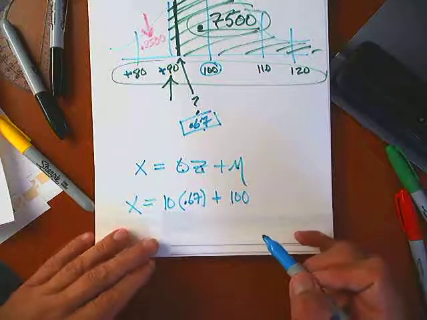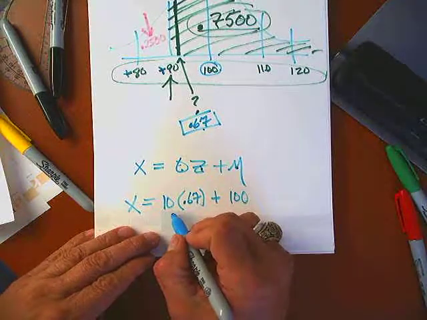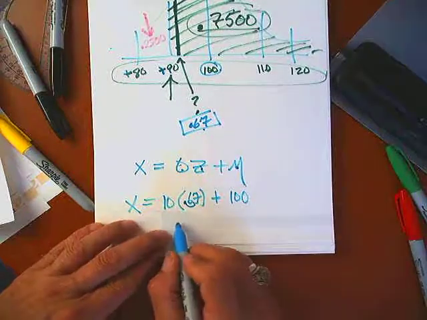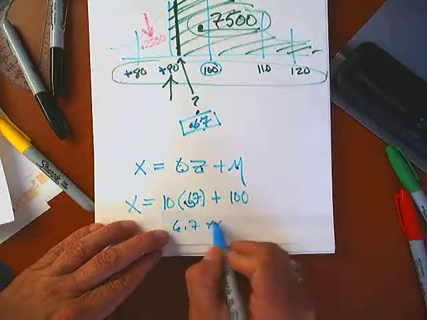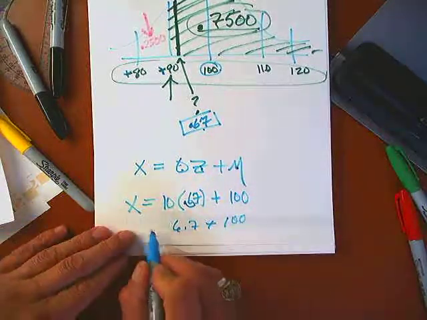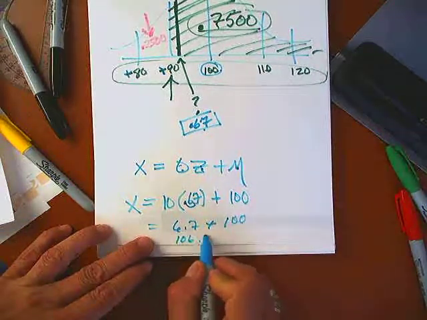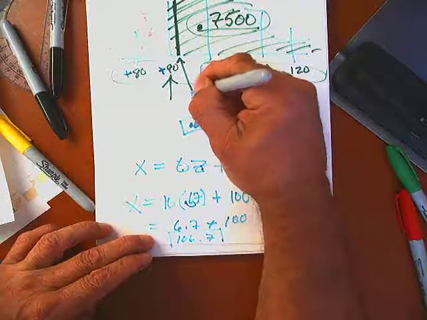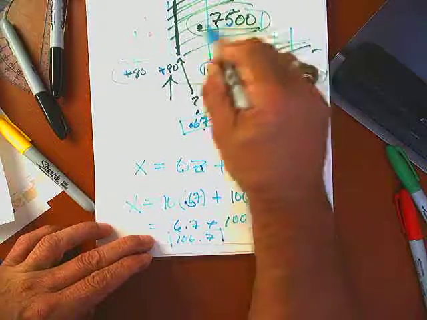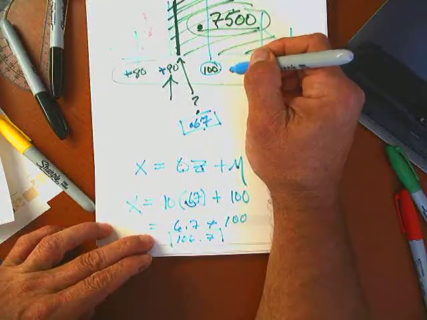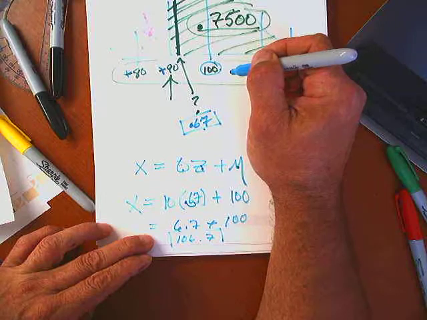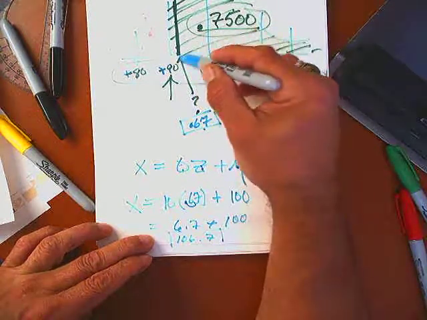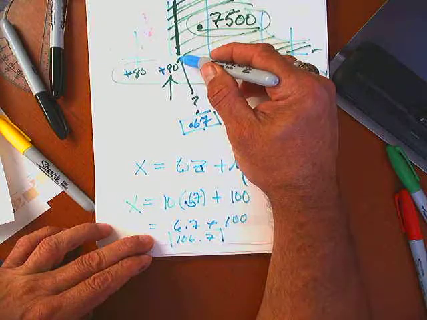Well, that's fine, but 0.67 doesn't tell us anything with respect to 90 and 100. So what do you do, Hubert? Well, you're going to have to use your formula. Now, I tell students that if they want to find x, x is equal to sigma z plus mu.